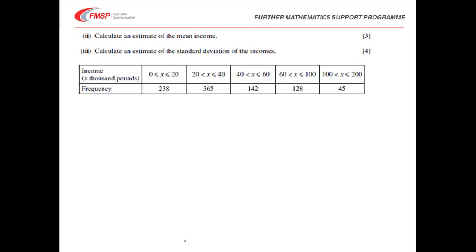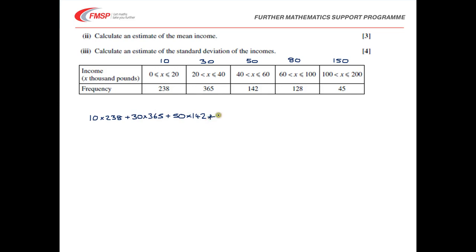Okay, then calculate an estimate of the mean income. Well, you need to take the midpoints of each of the intervals, so 10, 30, 50, 80 and 150. And then to find the mean, you need 10 times 238 plus 30 times 365 plus 50 times 142.